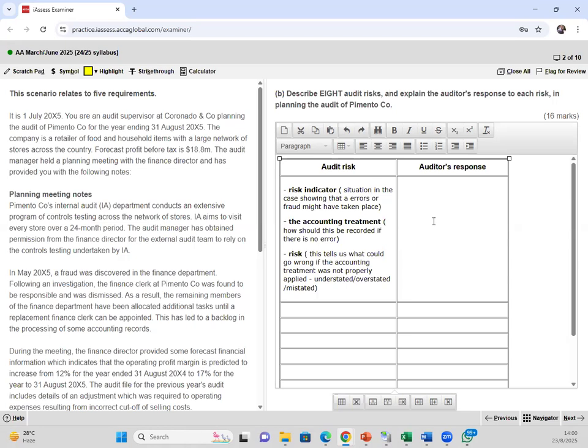So what should they do? An auditor responds with the audit procedures. So think of the audit procedures. The response should be a procedure. Which procedures? It could be analytical procedures.